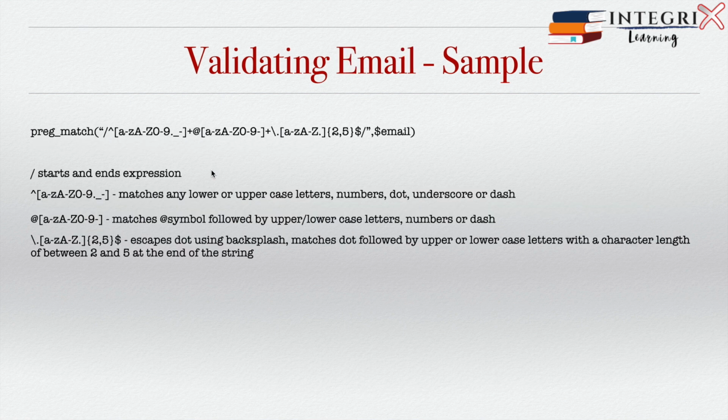Here is another, a little bit more complex, example for validating email. So here we pass this big pattern to validate email, and the second argument is our variable which has the email inputted by the user. / denotes the start and end of the pattern, and in the first section we are saying it should start with lower or uppercase letters with any numerics, dot, underscore, or dash, followed by the @ symbol, after which we can have uppercase or lowercase letters, numbers, or dash, followed by a dot. Here we are escaping this dot with a backslash. After the dot, in the URL extension, we can have lowercase or uppercase letters which are 2 to 5 characters in length.